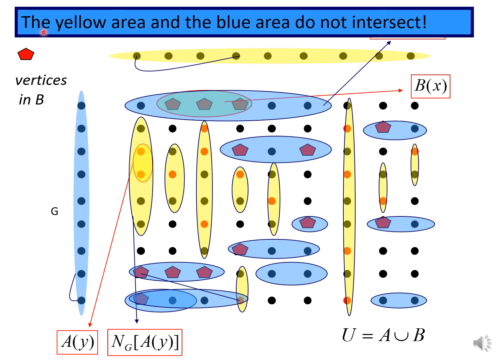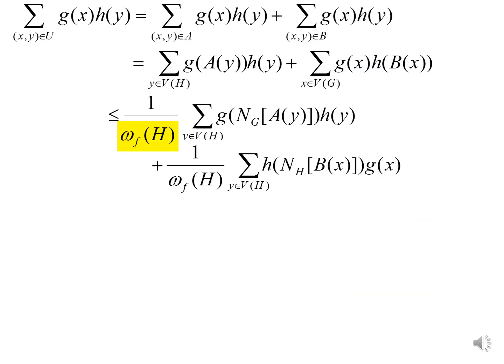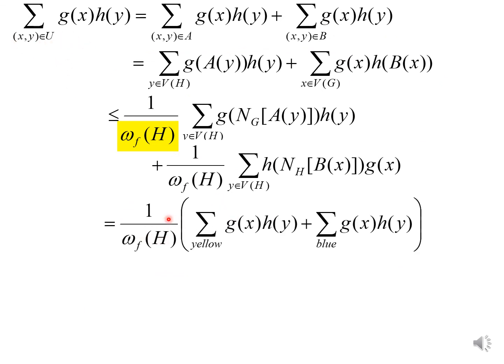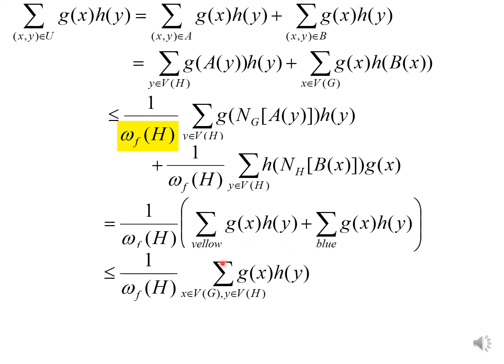In any case, we prove this claim: the yellow area and the blue area do not intersect. Now we go back to this summation. We know that this is equal to the summation of the weight of the vertices in the yellow area and the blue area. But the yellow and the blue do not intersect. That means this is bounded by the summation of the weight of all the vertices.